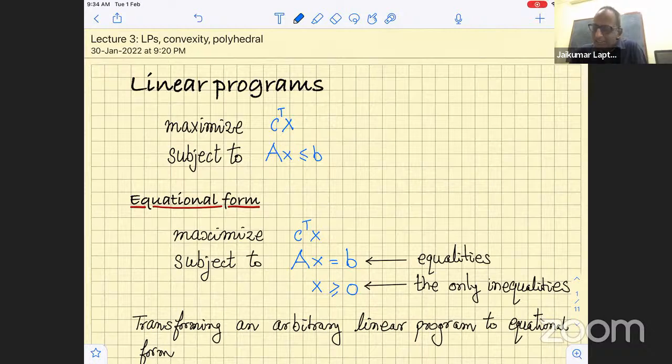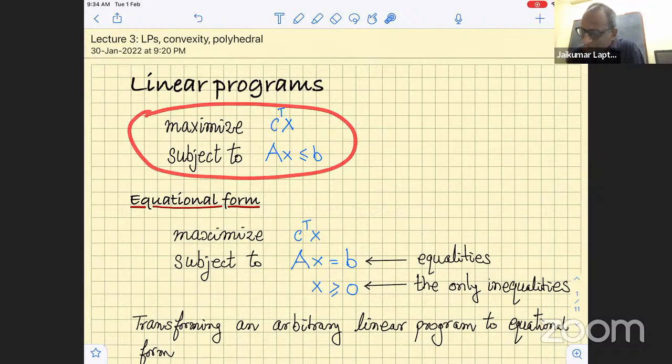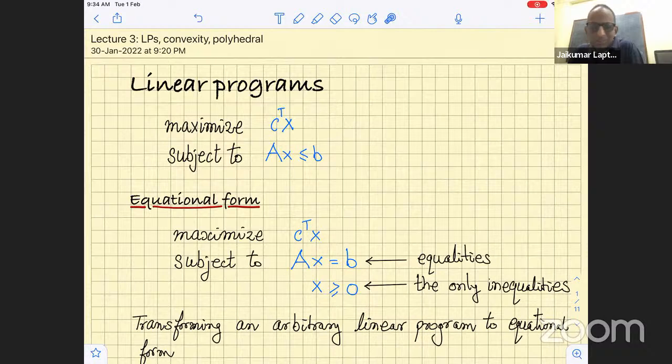So let's start. We've been talking about linear programs, and maybe we realized that all linear programs can be written in this form with a few multiplications with -1 and transforming equalities into two inequalities.